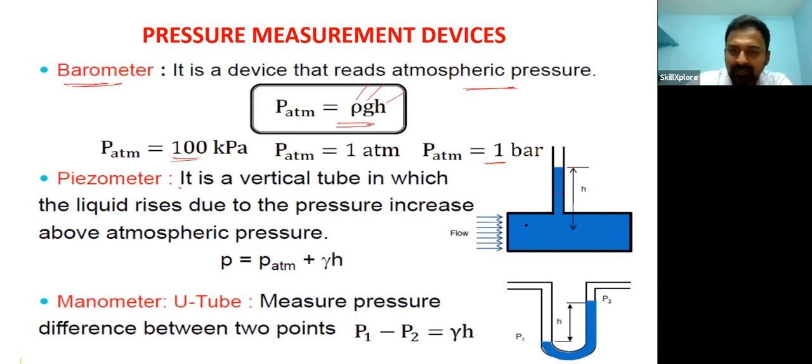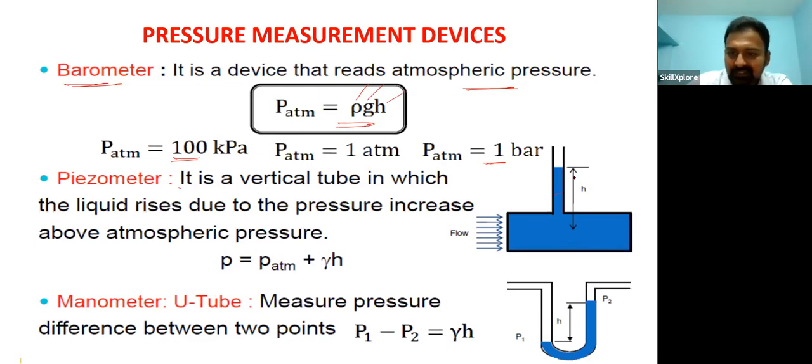So what is the pressure of the flowing fluid? How to calculate that? Just fit a piezometer, that is, fit a tube in that flowing stream. That pressure will make the fluid rise a little bit in the external tube, that is the piezometer tube.